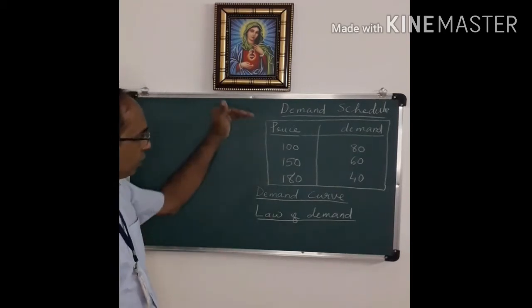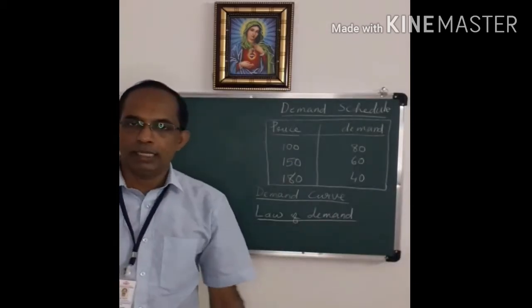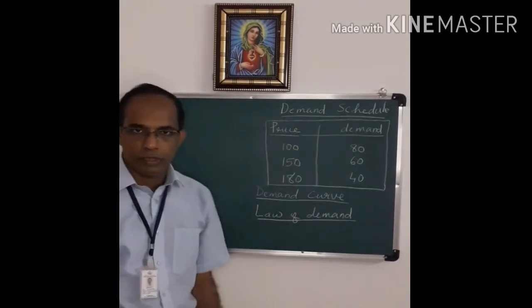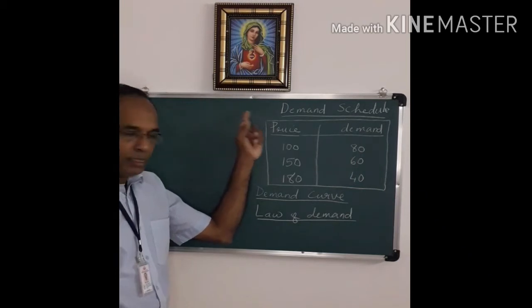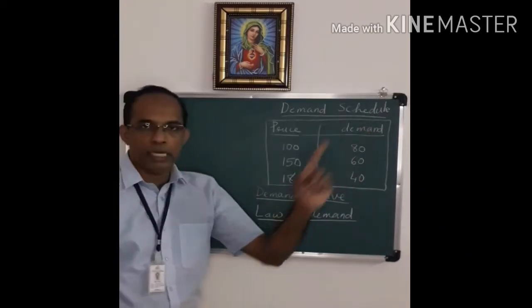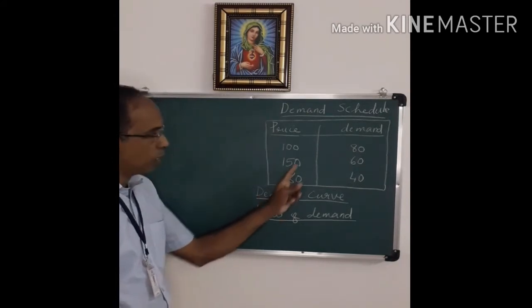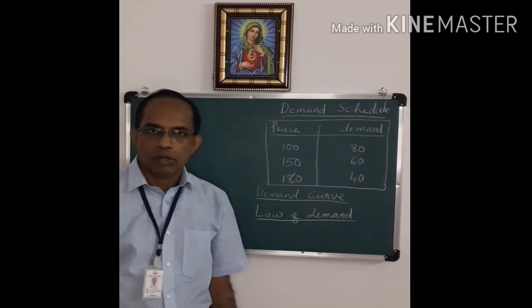This is an individual demand schedule of a consumer for a particular commodity, that is apple. We may consider the commodity as apple. Demand schedule of Ashin for the commodity apple. Suppose the price is given in the first column and the demand is given in the second column.